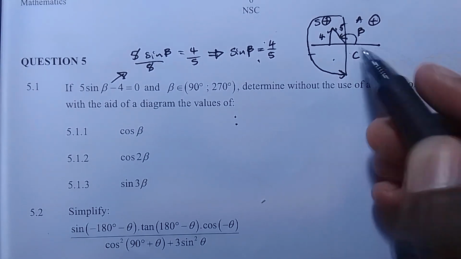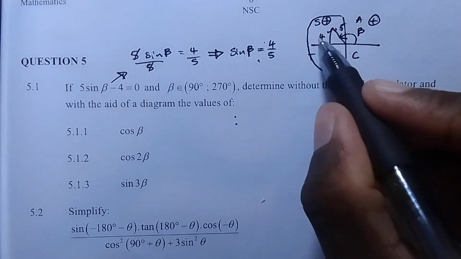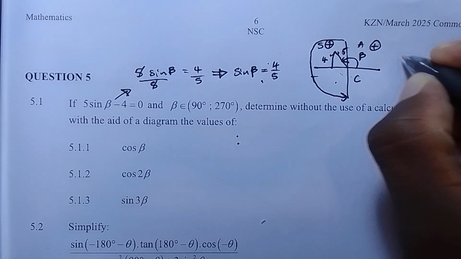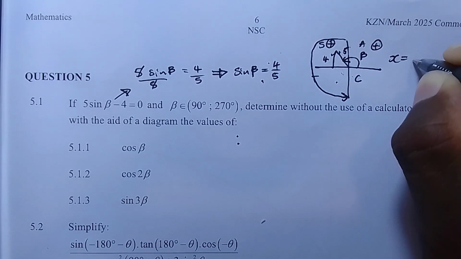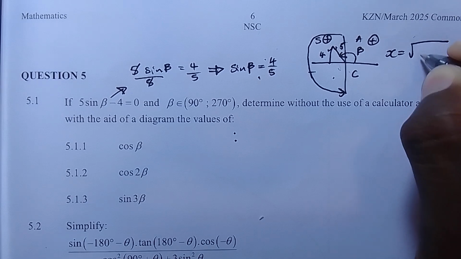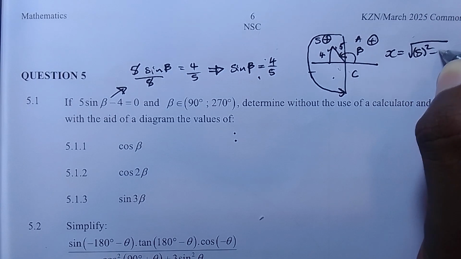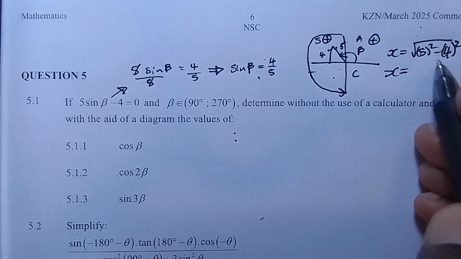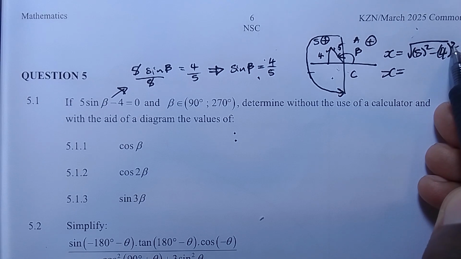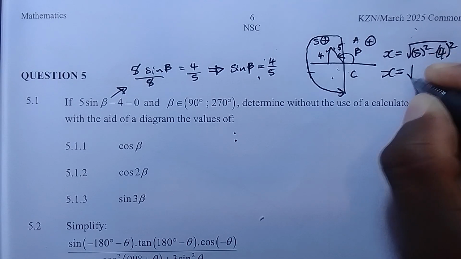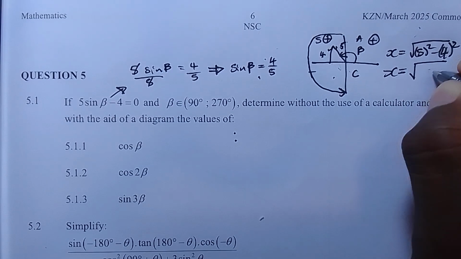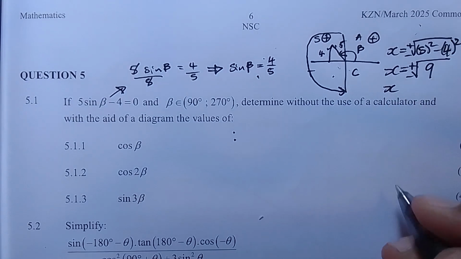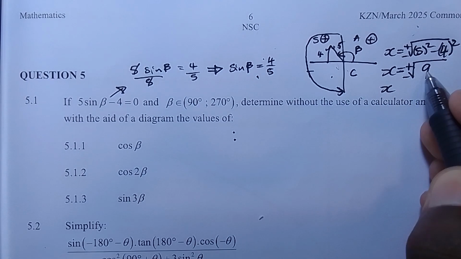Now you use the Pythagorean Theorem to find the adjacent side, since you have the hypotenuse and the opposite side. x is equal to the square root of 5 squared minus 4 squared. 5 squared is 25, 4 squared is 16. 25 minus 16 is 9, and the square root of 9 is 3.